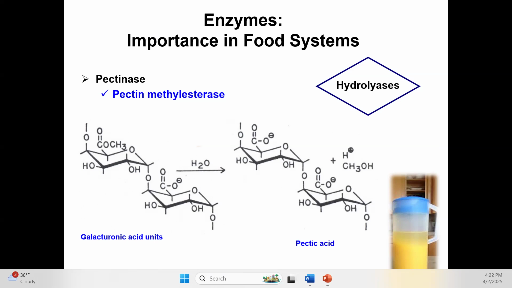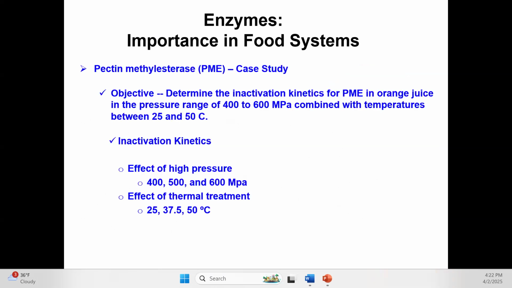So there have been studies to inactivate pectin methyl esterases using means other than just heating to preserve the quality of the juice. One was looking at using high pressure combined with thermal treatments, but at low temperatures. And here, they use the inactivation kinetics.